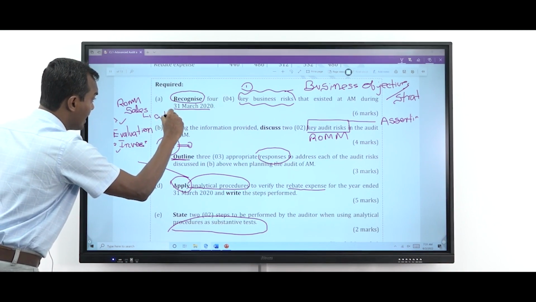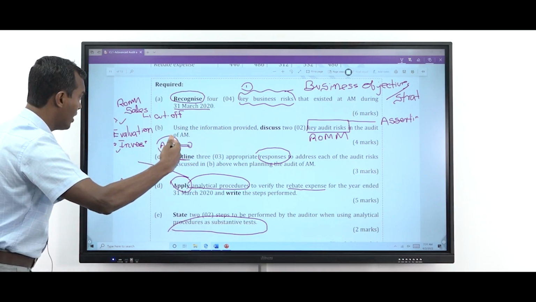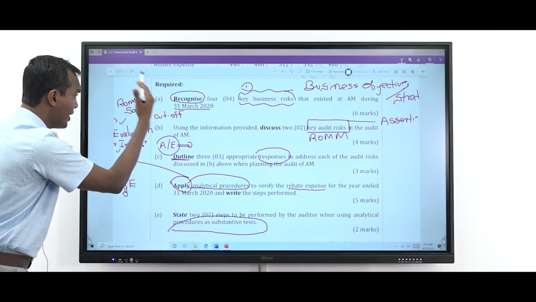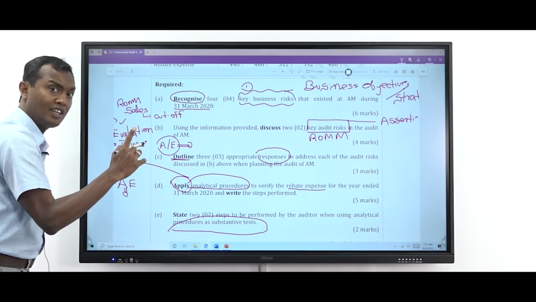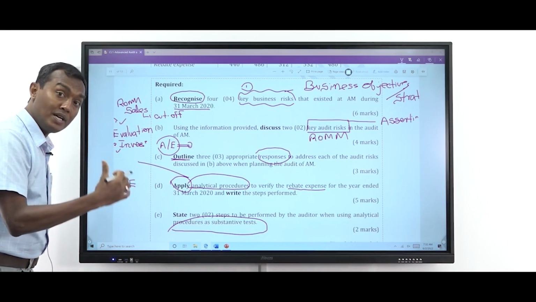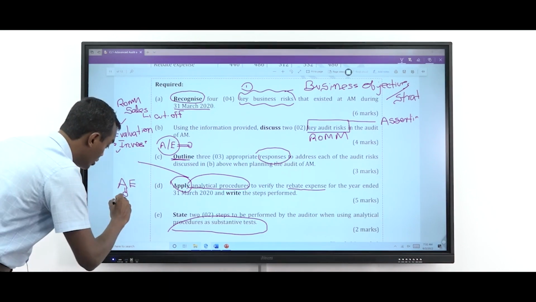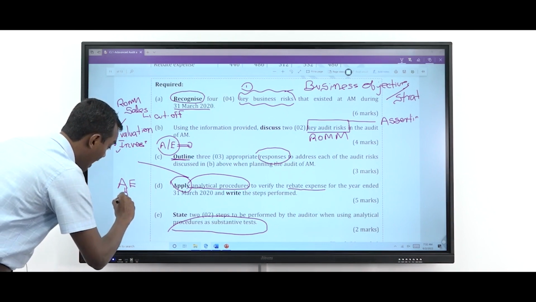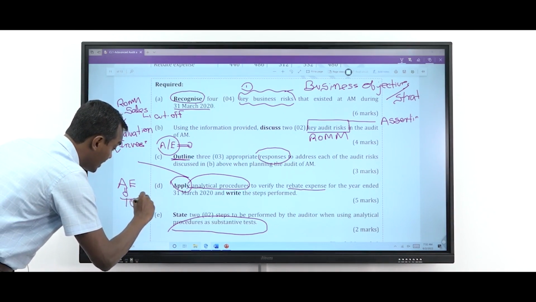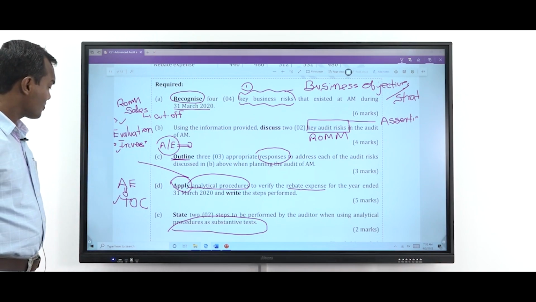Cutoff means incorrectly recorded, incorrect period. April sales booked in March. If that is a risk, the first thing the auditor will ask, before I go and check the cutoff, whether the company knows that there is a cutoff problem. For that purpose the company should have control. If they have a control, the best thing is to test that control, the first option, right?